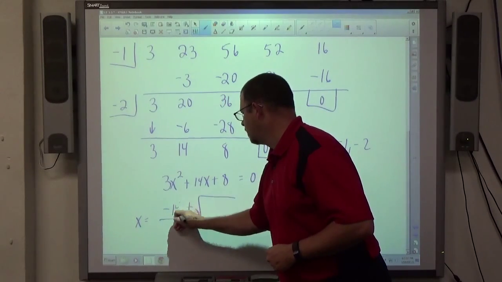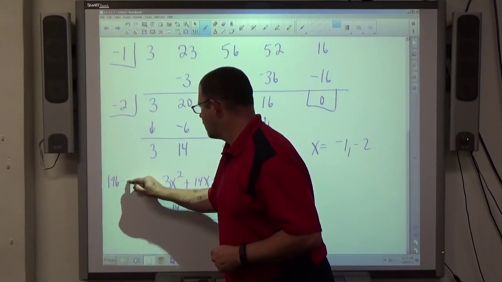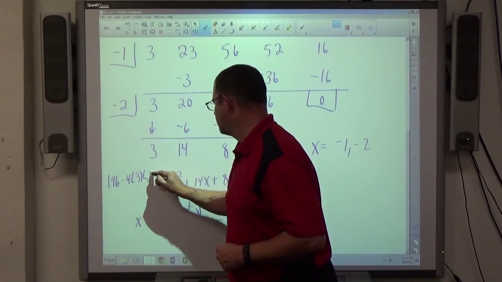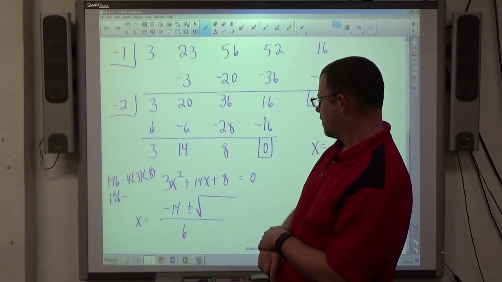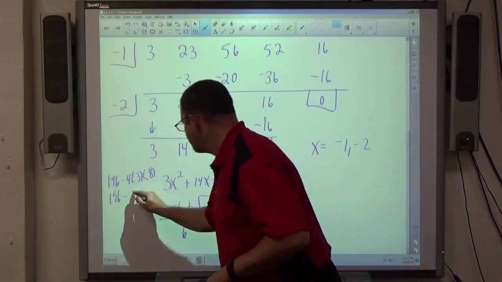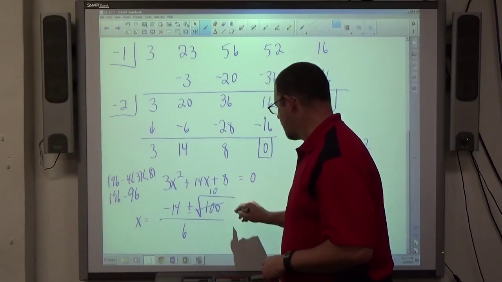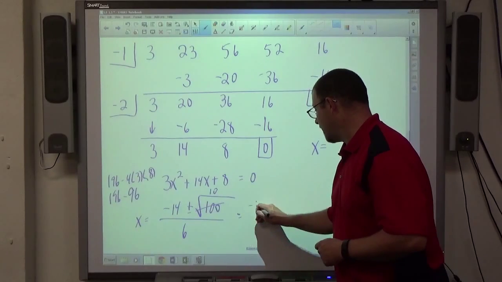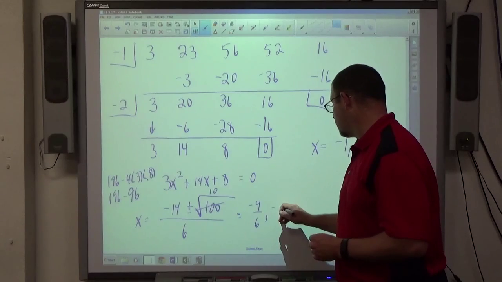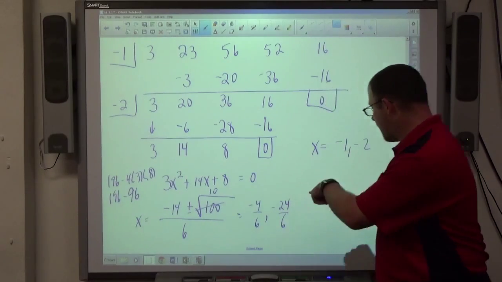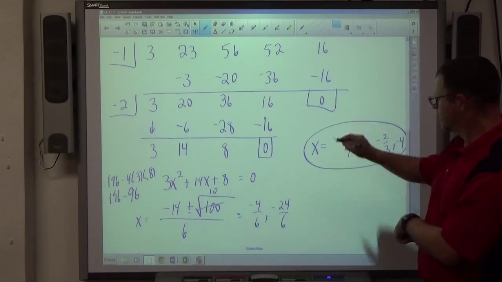Minus b goes here, 2a goes here, b squared minus 4 times a times c makes 196 minus, looks like 96, right? Which is 100. 10, so -14 plus 10 is -4 over 6. -14 minus 10 is -24 over 6. That gets me -2/3 and -4, the other two answers.